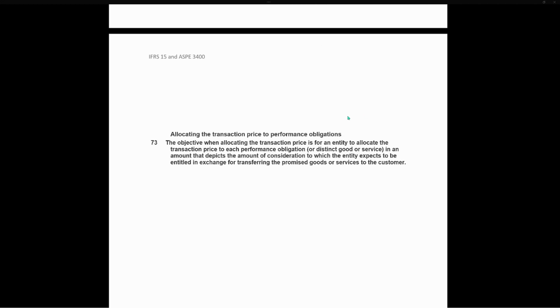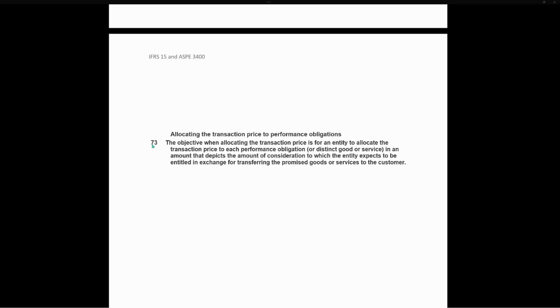it. Boom. And then there is a part that starts from paragraph 73, allocating the transaction price to performance obligations. That starts from paragraph 73, and it's mostly talking about allocating based on the standalone selling price.